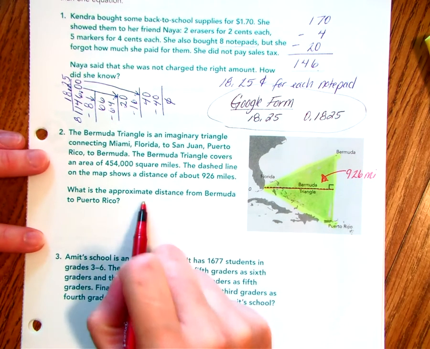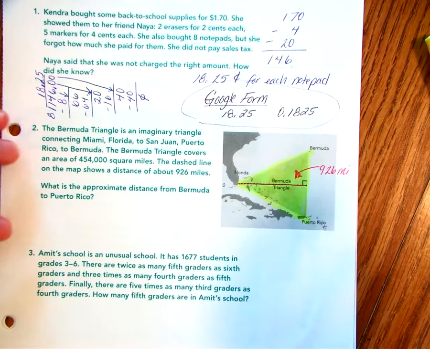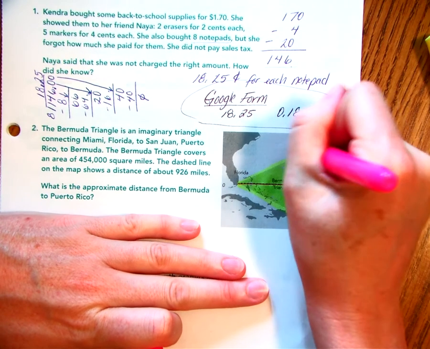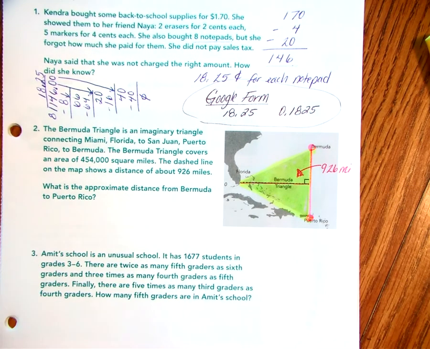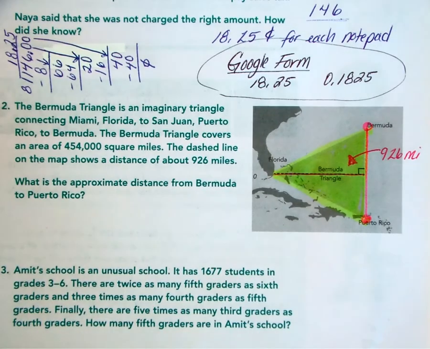What is the approximate distance from Bermuda to Puerto Rico? So we are hunting for this from here to here. Well, we haven't done a lot of geometry this year, but I do know that a triangle area is half that of a rectangle.